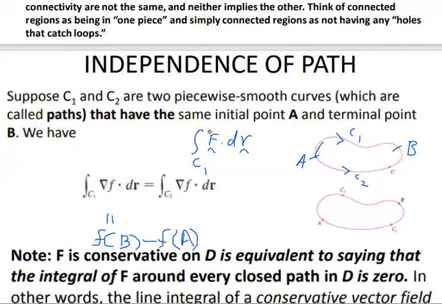I can replace that here: integral over C1 of grad f dot dr, because F is conservative.